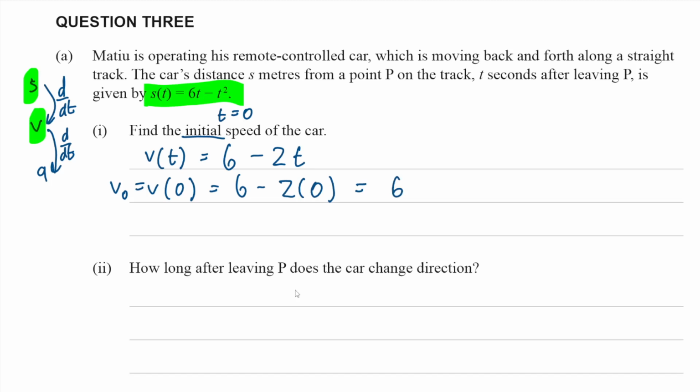The units are meters per second, since s is in meters and time in seconds. So initially, the speed of the car is 6 meters per second. It's pretty fast. We got this by calculating the derivative and then using it to find some meaningful information, in this case, the initial speed.